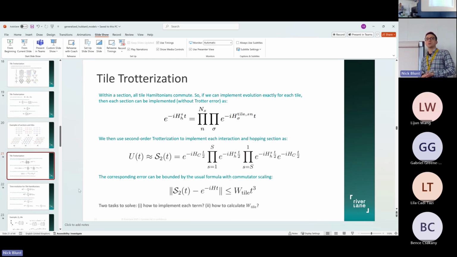So definitely in the early fault-tolerant regime, a lot of people are thinking about how you could apply some combination of error mitigation and error correction. I think that should fit nicely into these kinds of circuits, so perhaps that's another reason this is a nice thing to think about.